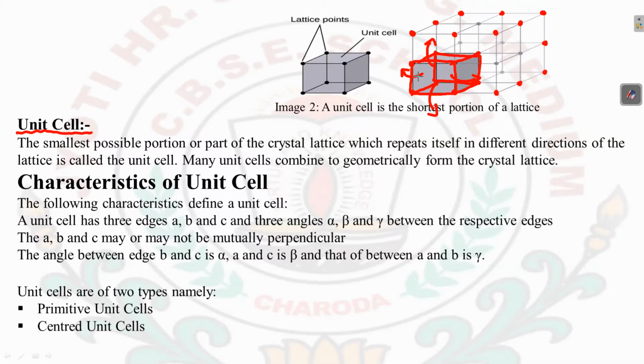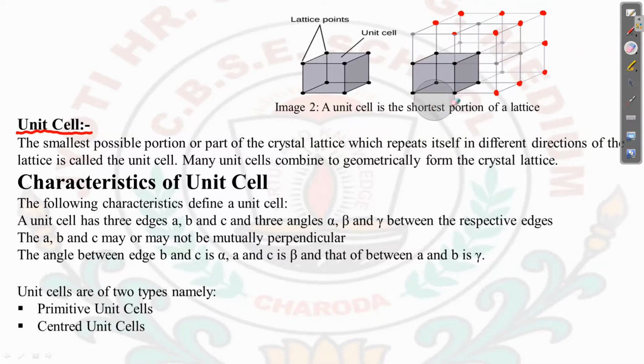So hence this single cube is called as unit cell. And the unit cell for a cubical lattice is always a cube. Many different shapes of unit cell can be formed out. We will study them later.